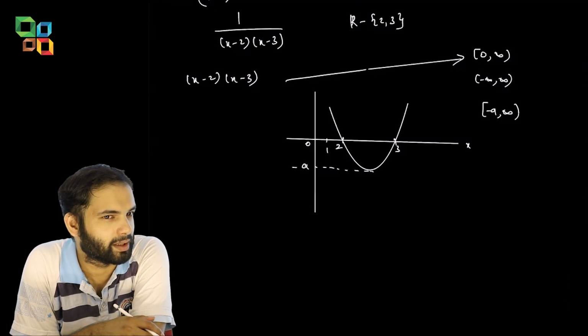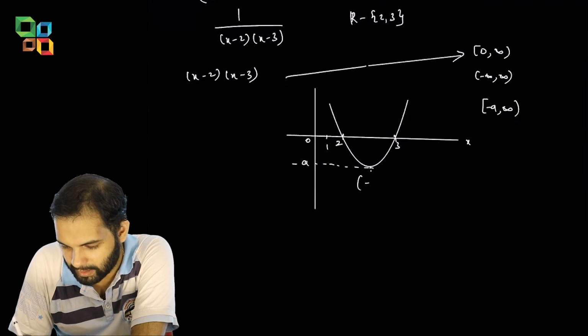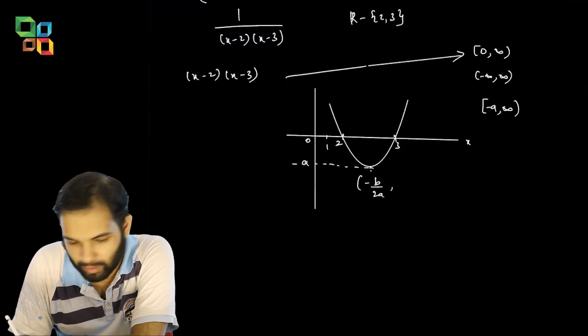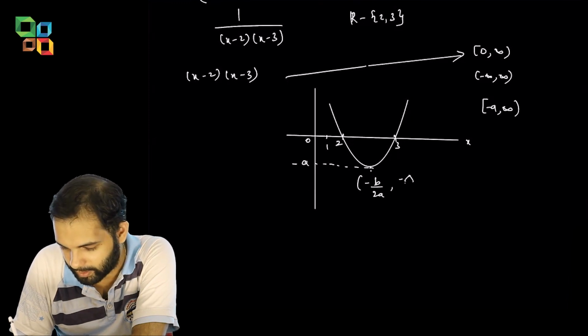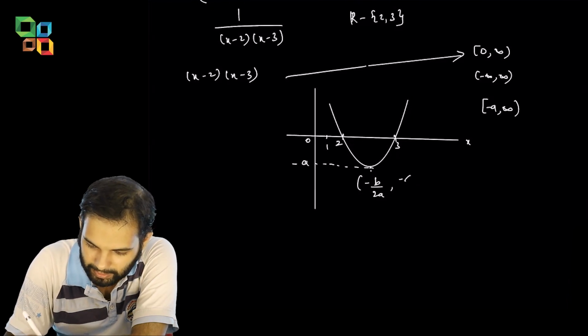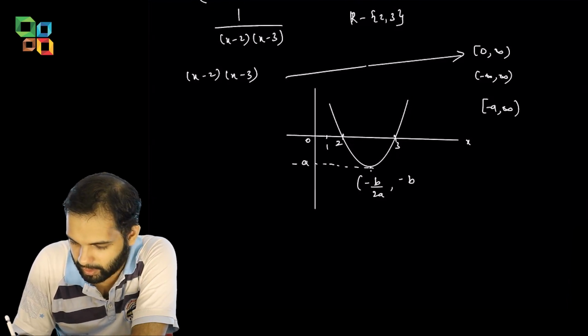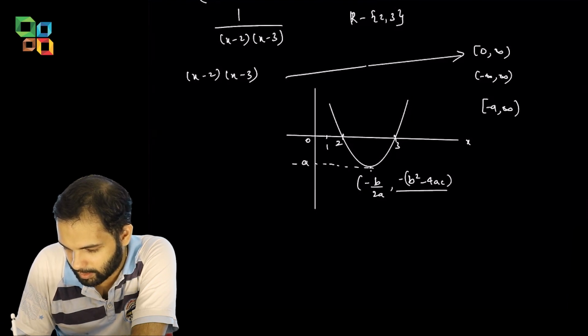So anybody can explain. So they're saying that this vertex is minus b by 2a, then minus delta by 4a. Delta is b square minus 4ac if I'm not wrong, right? So let me just write down, instead of having more symbols, minus 4ac by 4a.